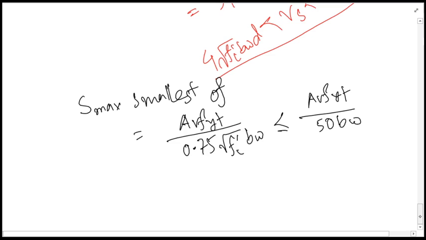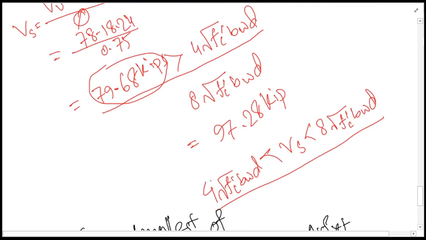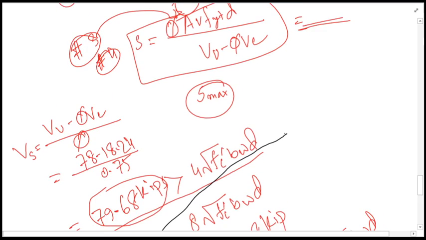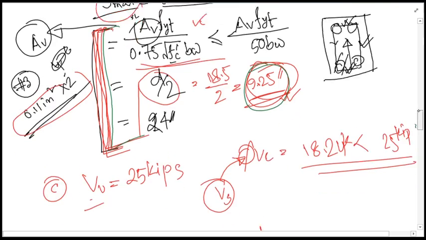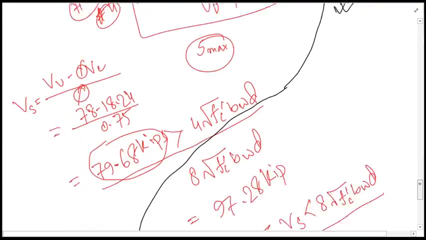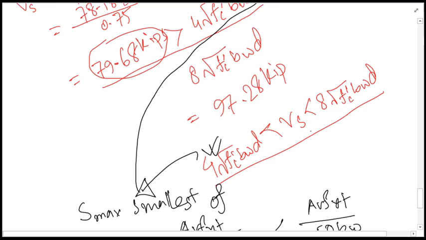This one is similar to the first one. The second one will be changed to d by 4. The third one will be changed to 12 inch. So you will have to check the smallest of these 3 with this obtained value in this case, because the Vs required is within this range.